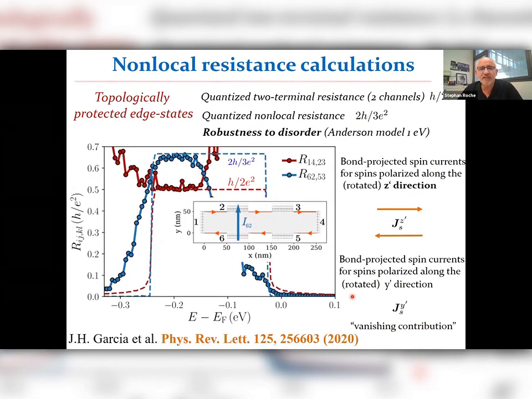And by simulating non-local transport, we could also confirm the appearance of this plateau in the non-local resistance, with a full correlation with boundary states which are purely polarized in the spin direction related to the spin texture of the state.